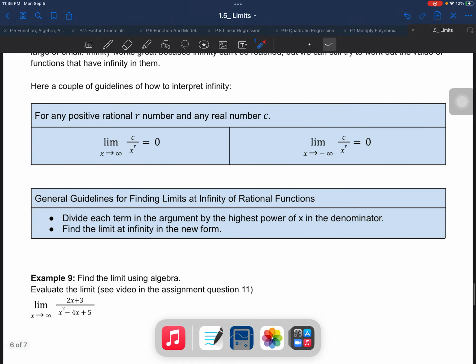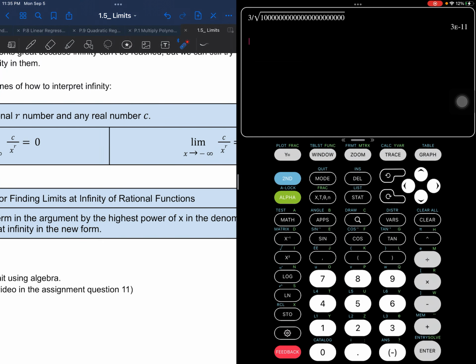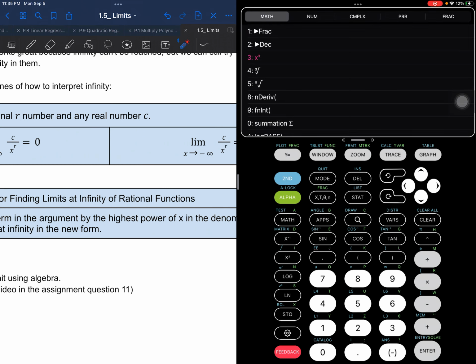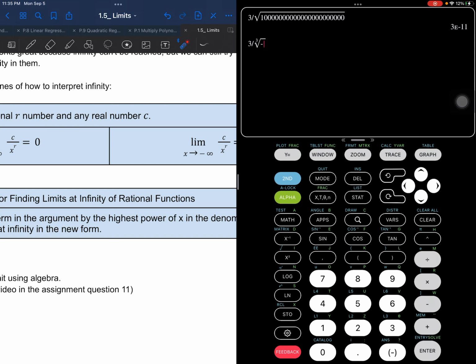Let's try the same number, but now with a cube root, so 3 over the cube root. We have to use the cube root because we're going to use a negative number for negative infinity. Let's see what happens. Not a real number, non-real answer. They didn't like that.